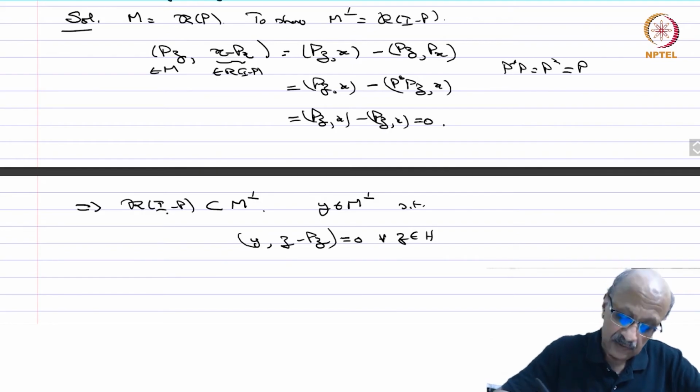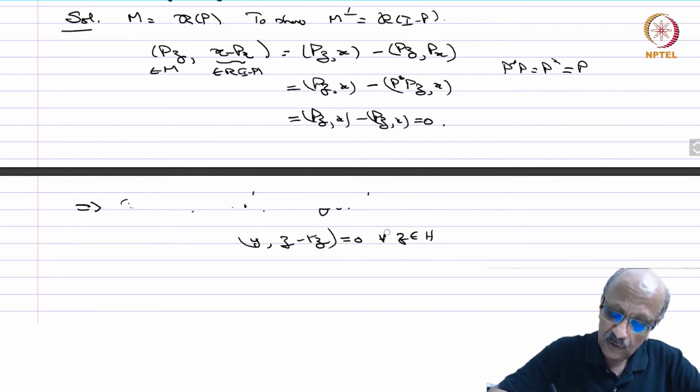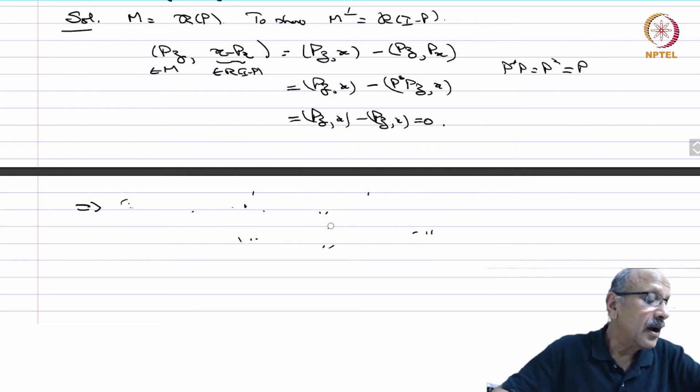Okay, I think we won't do this because that only shows it is dense, but it won't show that it is in fact equal. Okay, so let us do another way.